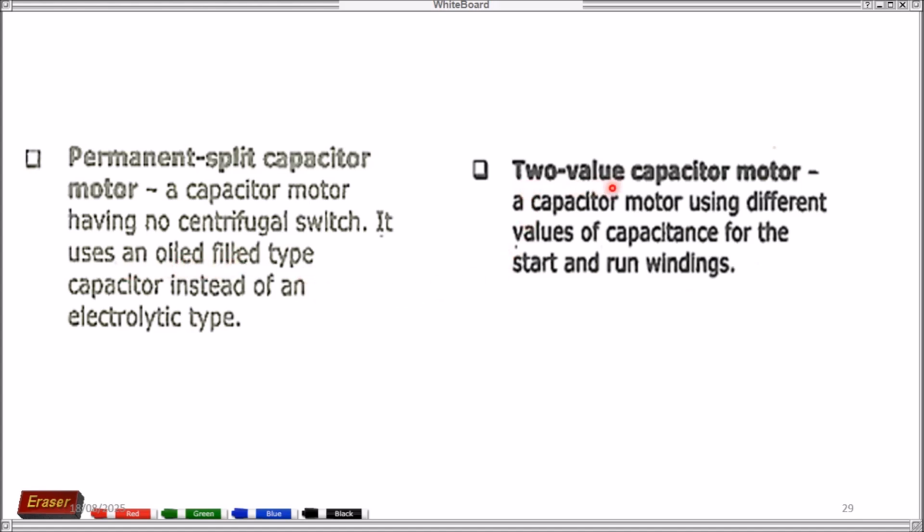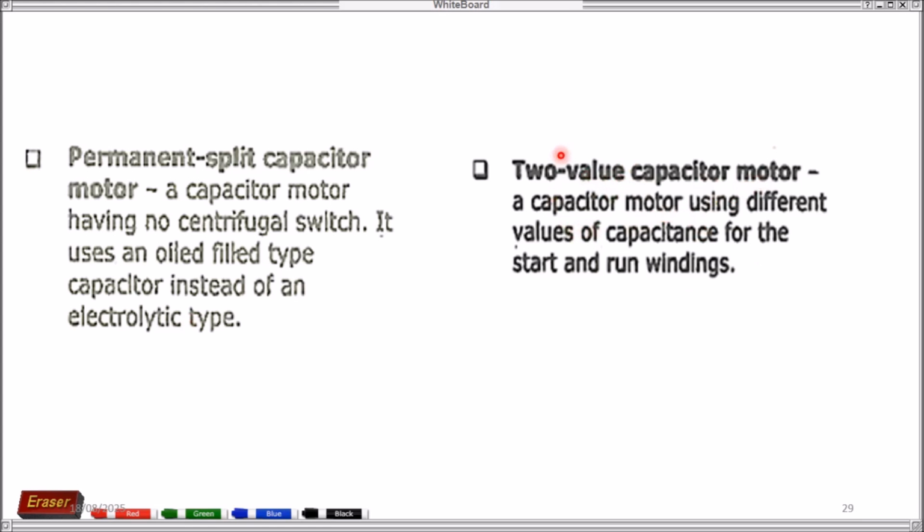Then we have the two value capacitor motor. So that is a capacitor motor using different values of capacitance for start and running windings. So ibig sabihin nito, yung ating starting winding meron siyang capacitor, same operation po sa ating capacitor start, that at 75%, ang gagana na lang is yung ating running winding, na kung saan meron din siyang sariling capacitor, kaya two value capacitor motor.